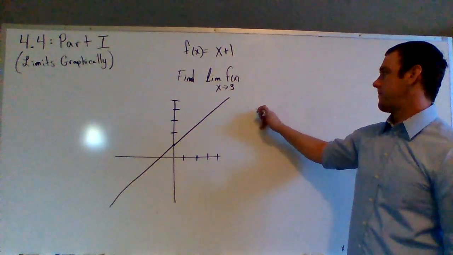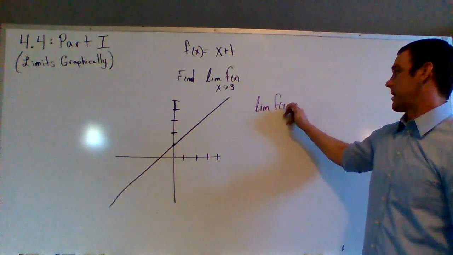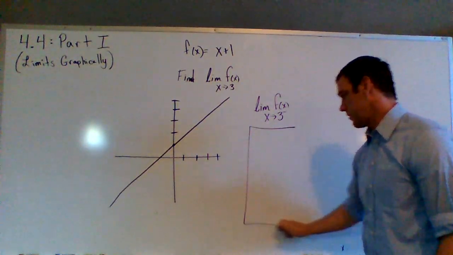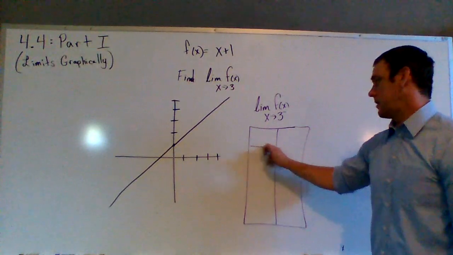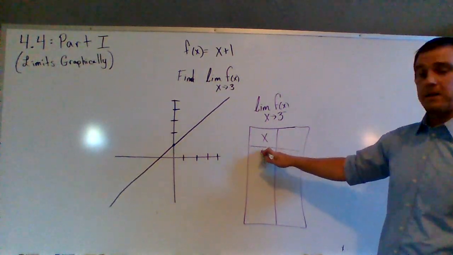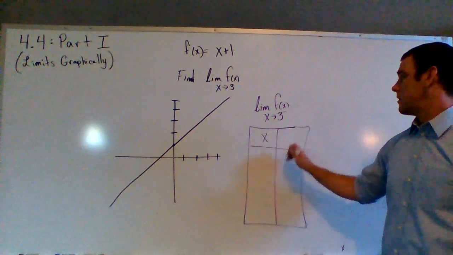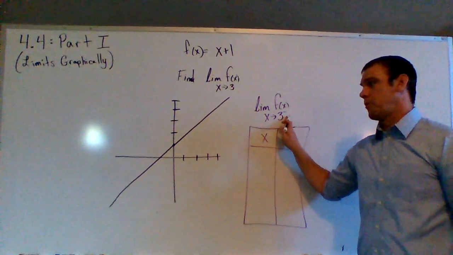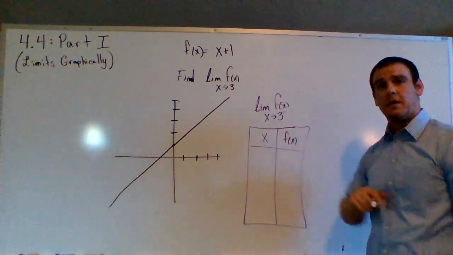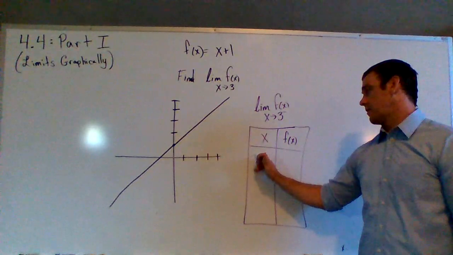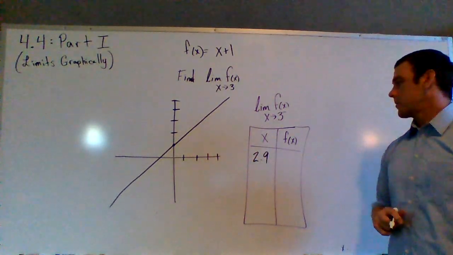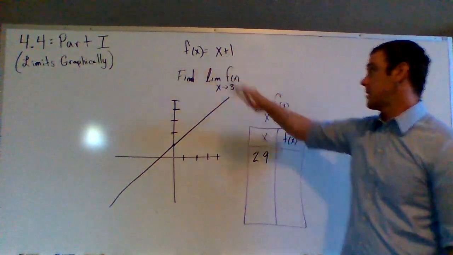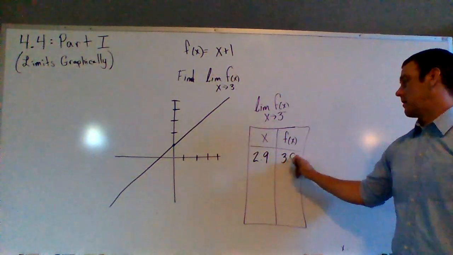If I talk about my left-hand limit here, the limit of f of x as x approaches 3 from the left, what I'm doing is plugging in values for x that get really, really close to 3. Remember I want to approach from the left side. Isn't 2.9 pretty close? If I plug 2.9 into my function, I get out 3.9.